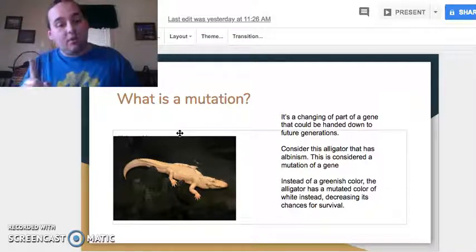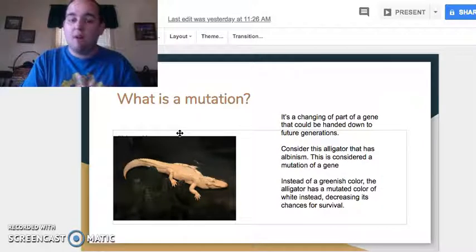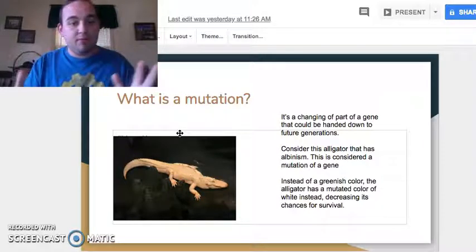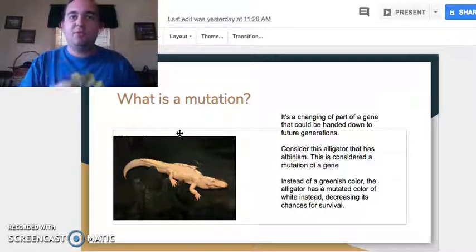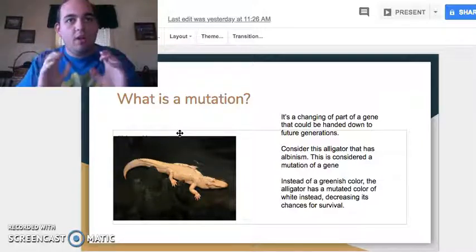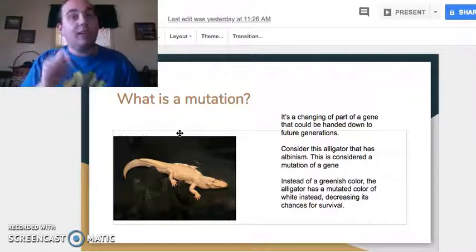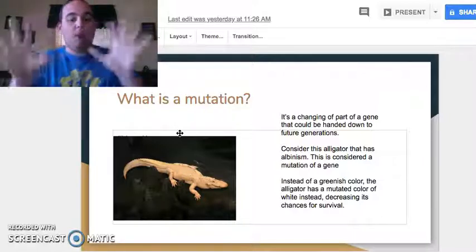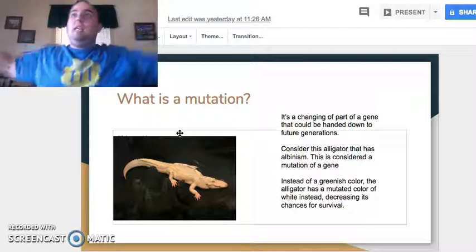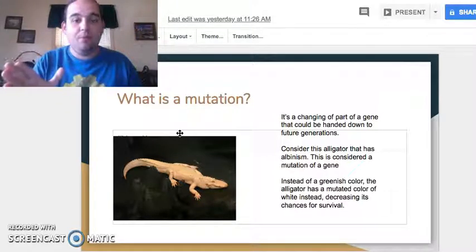Now, in nature, a very, very bright white creature like this would not survive at all, but it's in an enclosure, so it can survive. This is what is known as a genetic mutation. Instead of being the green and dull olive drab color that a crocodile or alligator usually is, it's pure white. So at any time, it essentially could have been killed in the wild because it was so bright and saying, "I'm over here, come eat me." That's what this mutation can do.